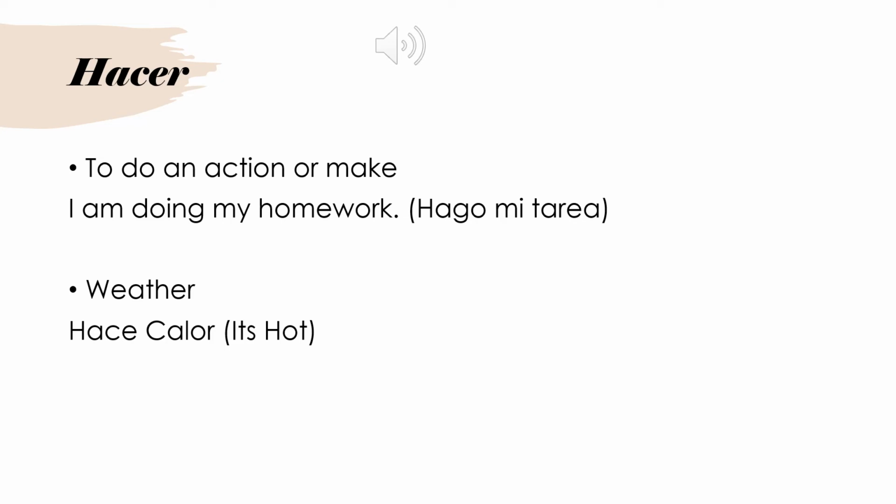You didn't see me write haso, and there's a reason for that. I'm going to further explain that. But also hacer is used for weather. So whenever you say the weather like hace calor or hace frío or hace viento, we use hacer as an expression. It's like a non-literal expression sometimes in Spanish. So that's how that one goes.